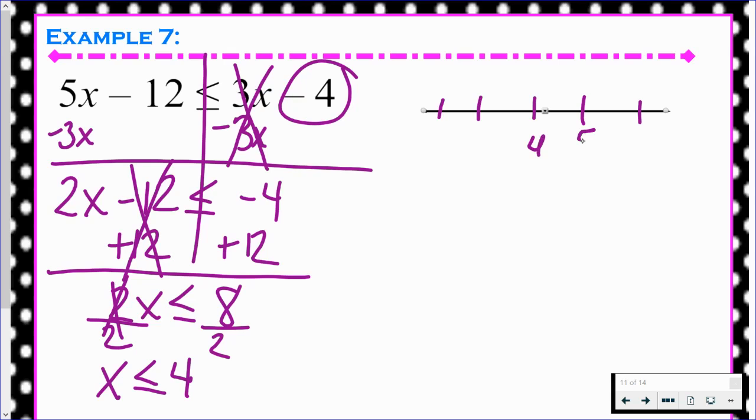So 4, 5, 6, 4, 3, 2. X is less than or equal to 4. I'm going to put a closed circle on 4, shading to the left. Good.